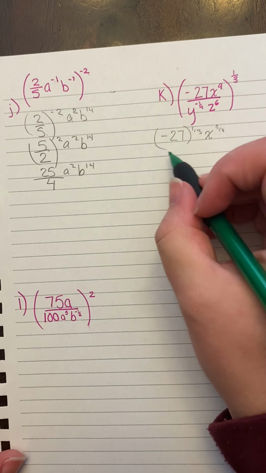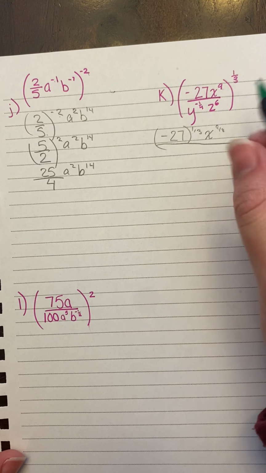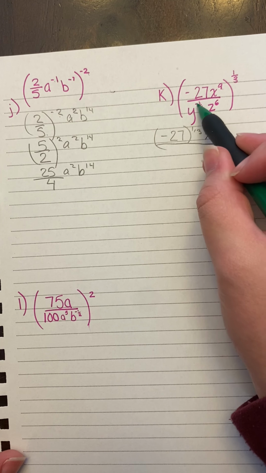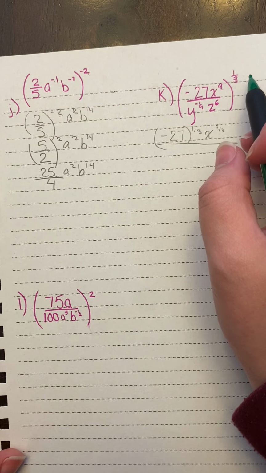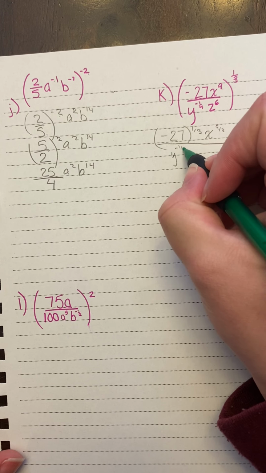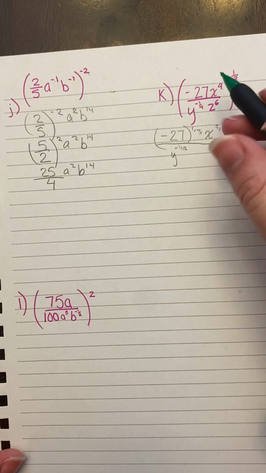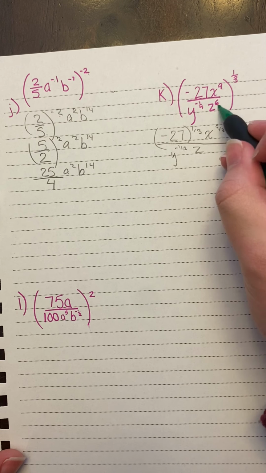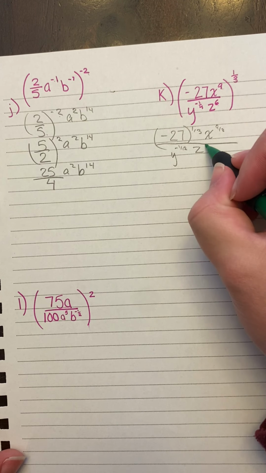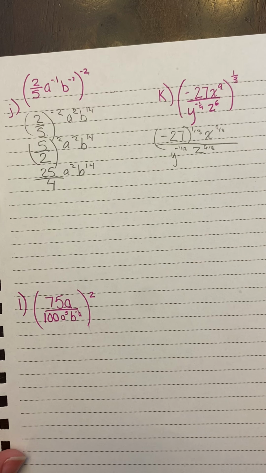Or you could write 3 there if you wanted to skip that step, right? So now we do y, negative 1 over 4 times 1 over 3. That's going to give us y to the power of negative 1 over 12. Then we have z, 6 times 1 over 3. So 6 over 3, okay?